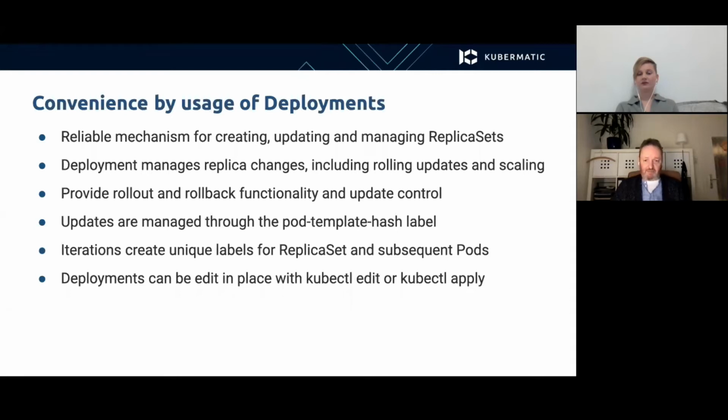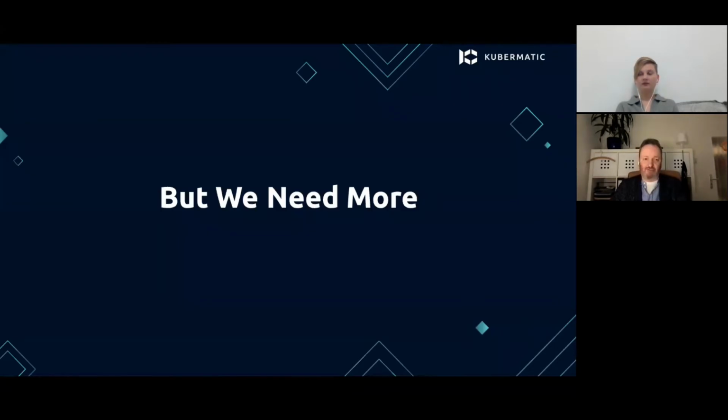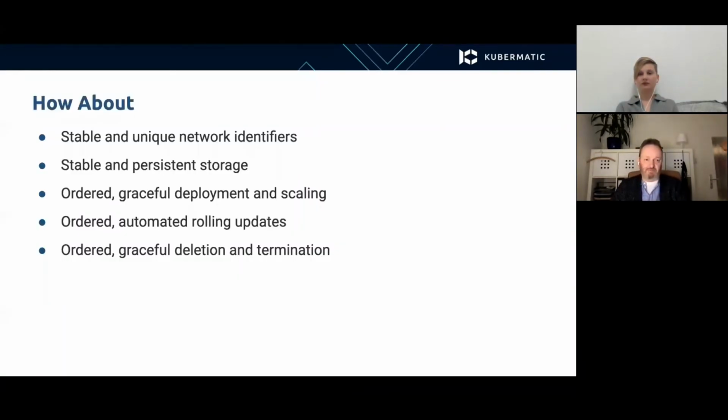And yes, you can directly edit in place with kubectl edit, and with kubectl apply, you can apply the manifests. So that's what we know from the past, but there's nothing really here to maintain state. So we need more.